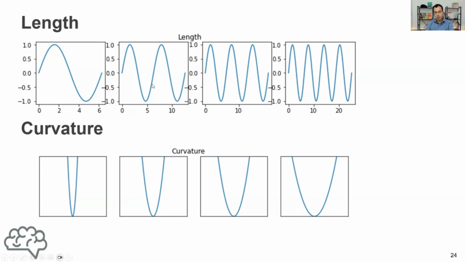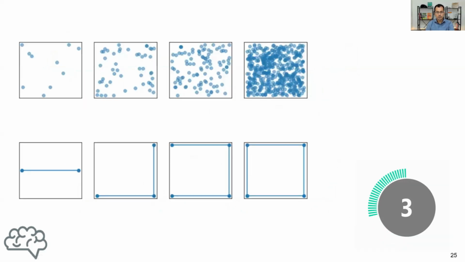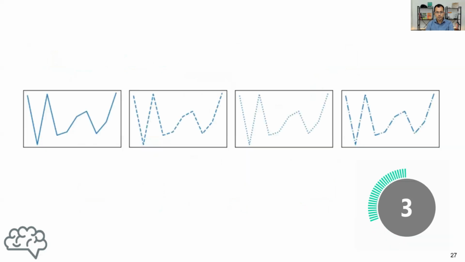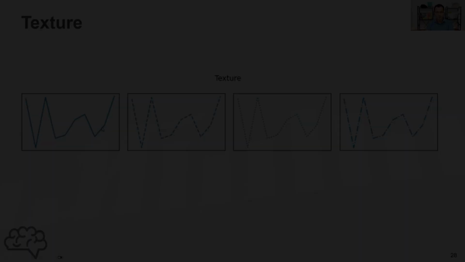Because the length, we could have represented the difference in length in different ways, but we chose to use a sinusoid here of different lengths, and then we have the curvature. Ready for the next one? Density and closure, and finally, texture.